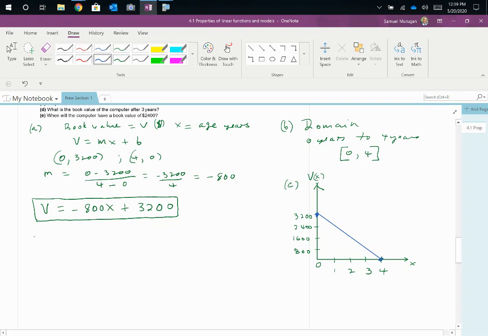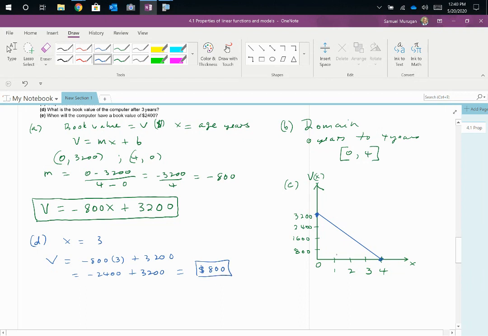Part D, book value after 3 years. When X is equal to 3, V is equal to negative 800 times 3 plus 3200, which is negative 2400 plus 3200, or $800.